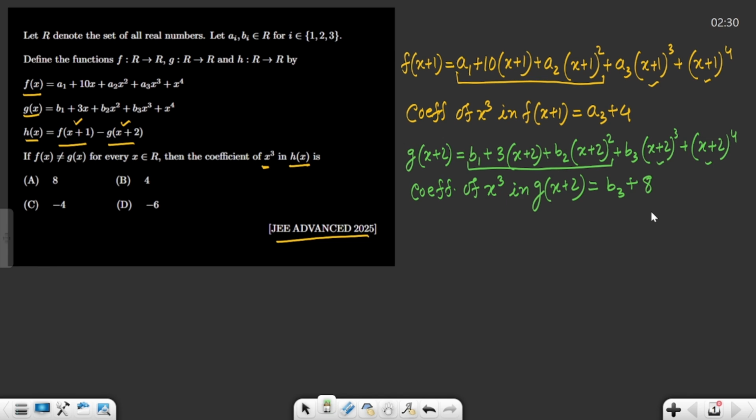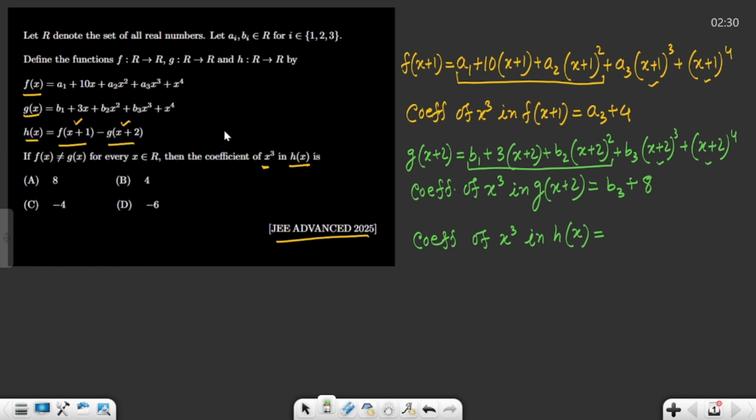No problem. So we can easily find the coefficient of x cube in h(x). We need to subtract b3 plus 8 from a3 plus 4, because h(x) is defined as f(x+1) minus g(x+2), right?